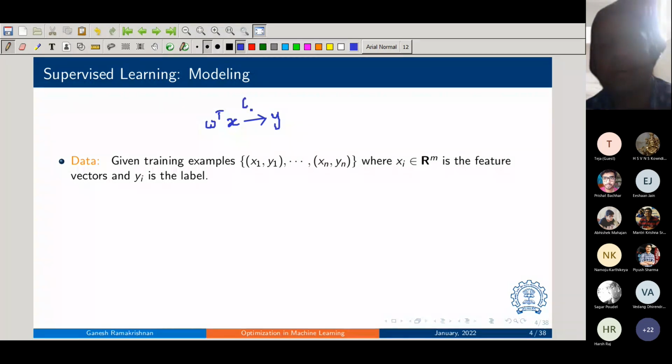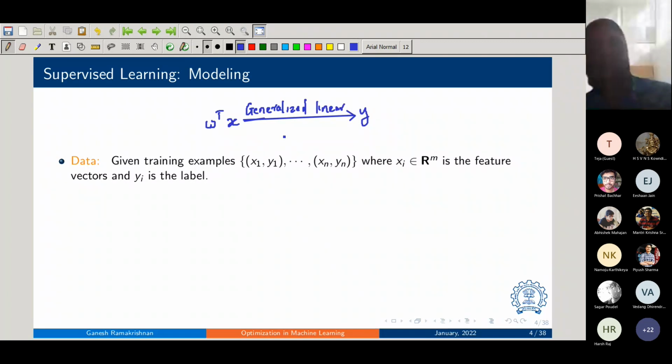Let me make some space. When we say generalized linear functions, you could also extend them to nonlinear functions. Typically we would just denote this by f.